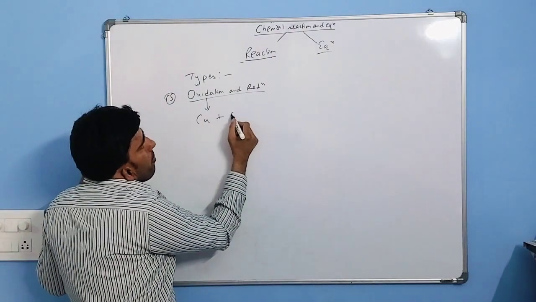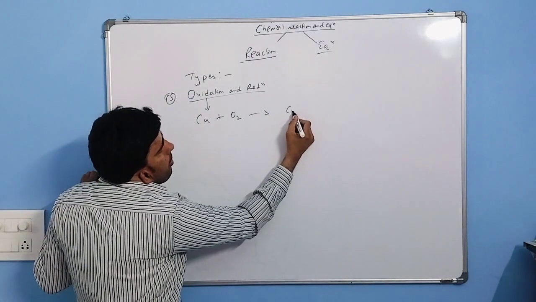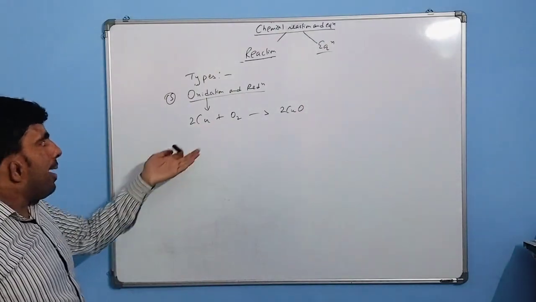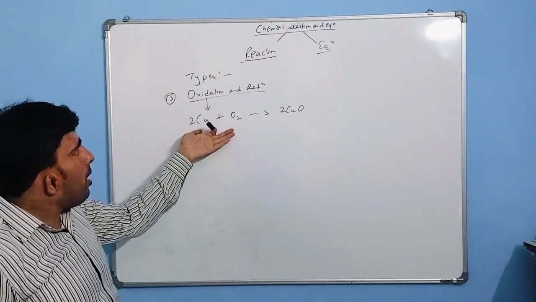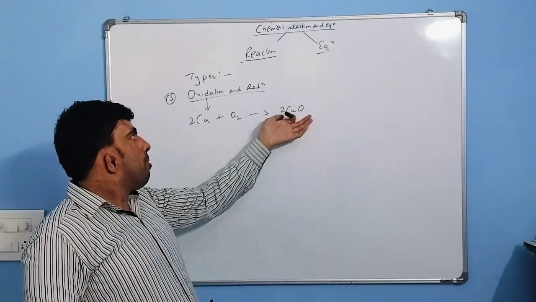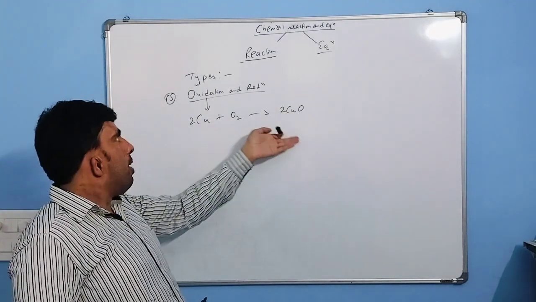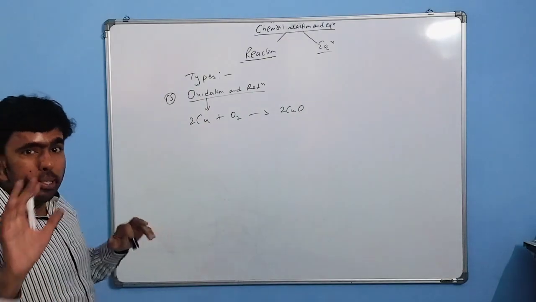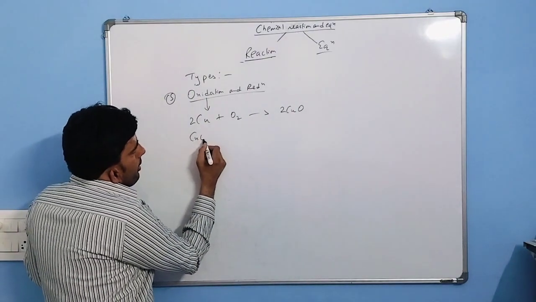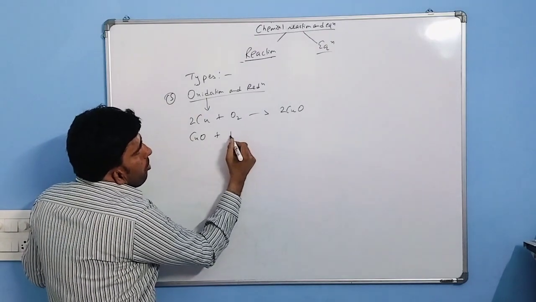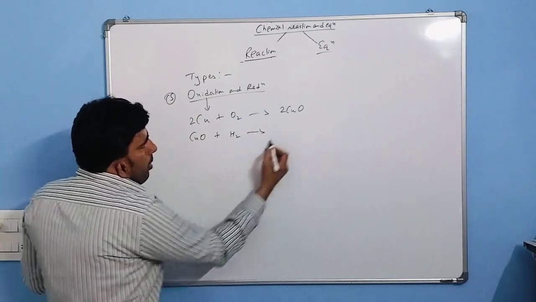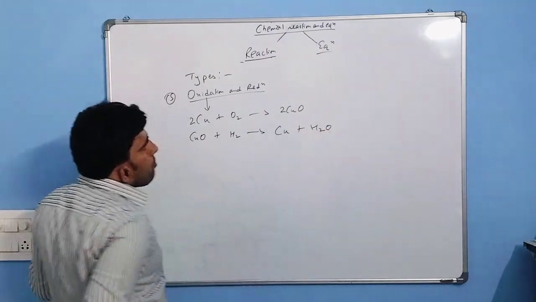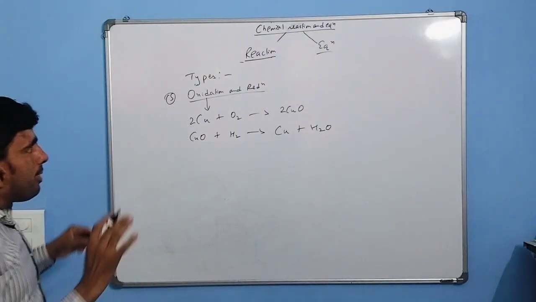When I react copper with oxygen, see, adding oxygen to the metal, the metal is oxidized. So here we said this reaction is oxidation. What about reduction? If I take this with hydrogen, what will happen? Copper plus water.